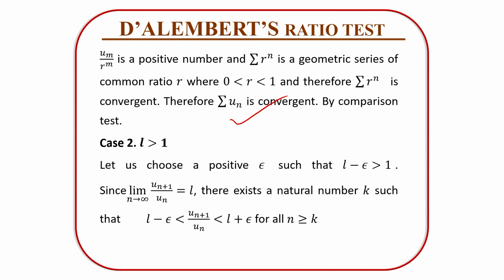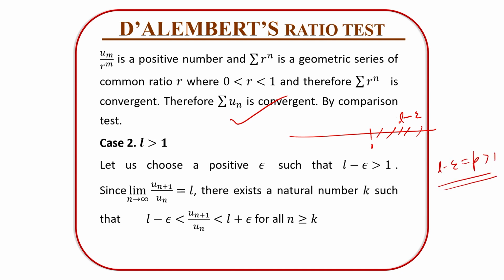Now look at case 2, where the limit L is greater than 1. To prove this, since the limit is already greater than 1, if I subtract a very small arbitrary number epsilon, it does not hinder the inequality. So L minus epsilon is still greater than 1. Put this value L minus epsilon as p, which is greater than 1.